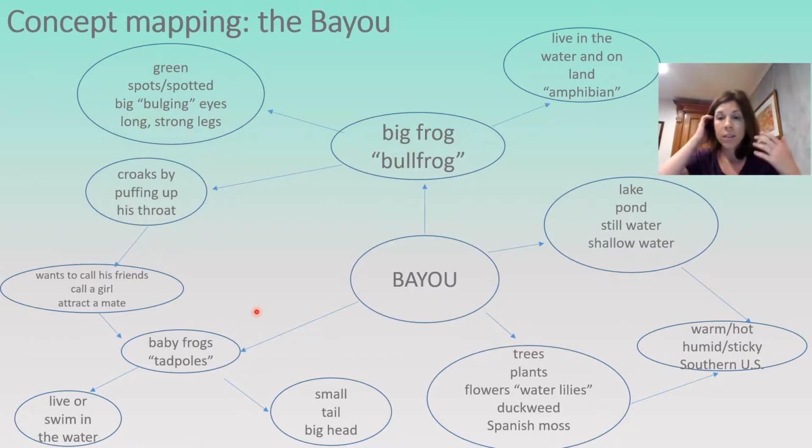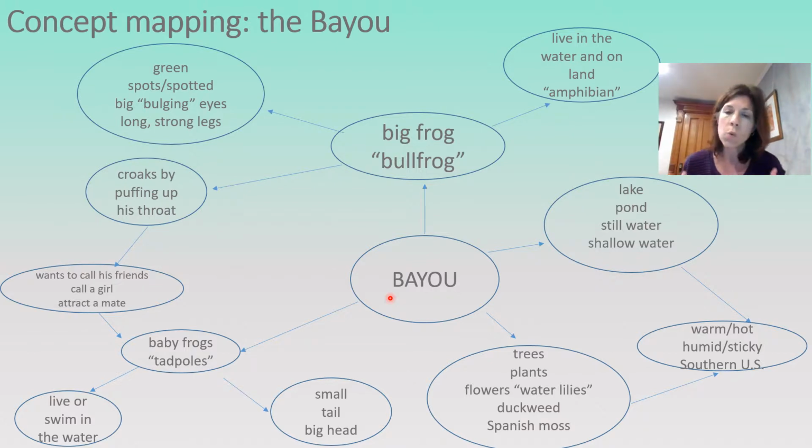And the schema that I identified from this central text were not only the bullfrog and how he lives and how he survives, but also this idea of the bayou, the setting, the habitat of the bullfrog.